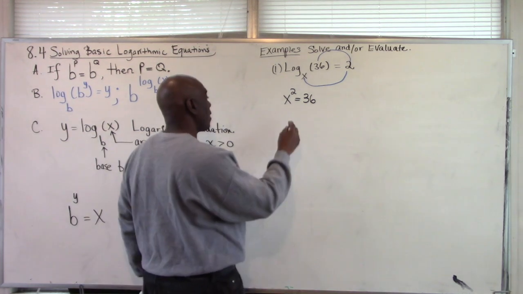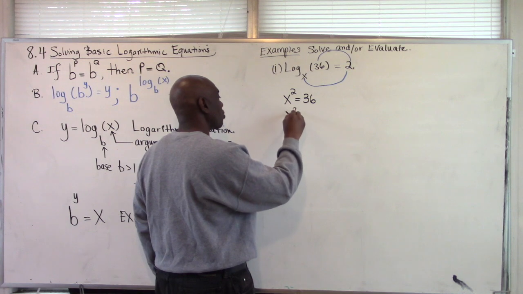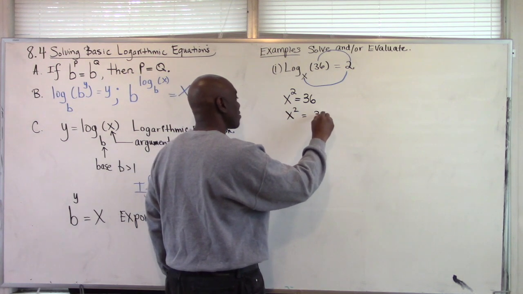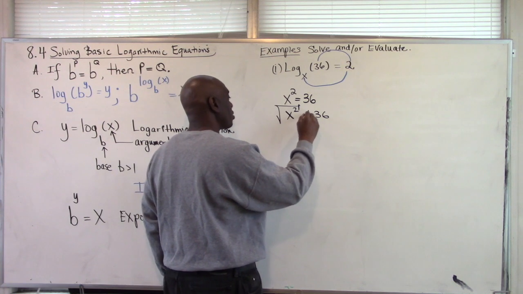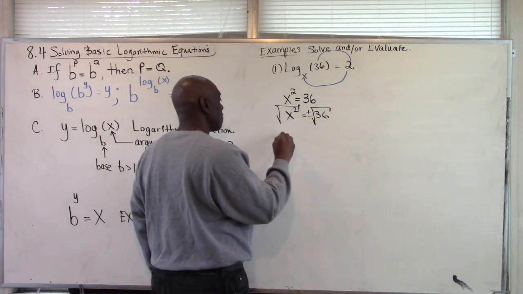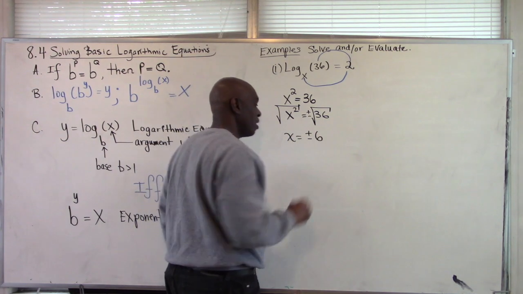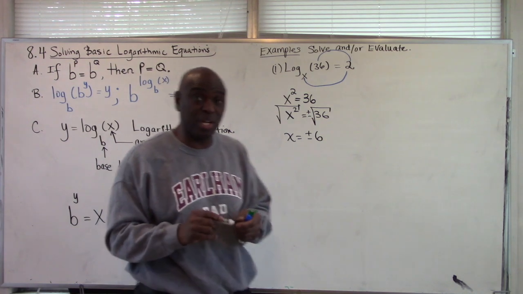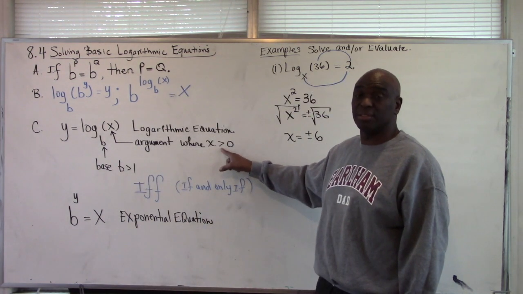All right. So this means then that X squared equals 36. So the square root of X equals plus or minus the square root of 36. And so X equals plus or minus 6. But wait a minute, we said something over here a while back. We said X is greater than what? 0.